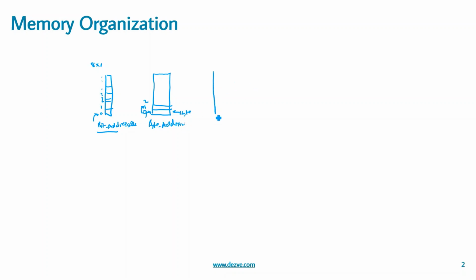Similarly, if it is a word, then it becomes word addressable. In most cases, the memory organization we use today, or the interface protocol, all use byte addressable memory. So this means that we can uniquely identify each byte within the memory.